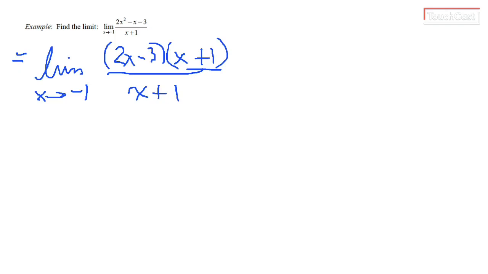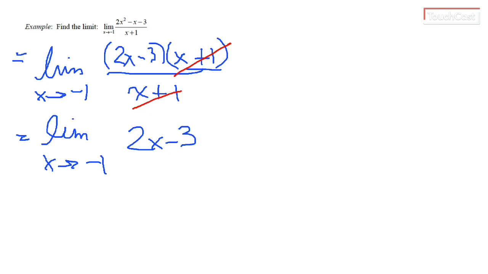For all values of x except for x equals -1, that expression that I had written is exactly equivalent to this limit, the same limit. But you can see now I can cancel out that numerator and denominator. The remaining expression is 2x minus 3.